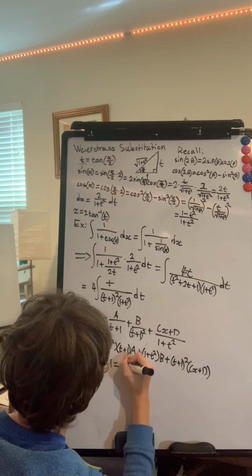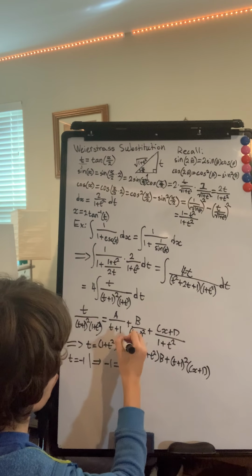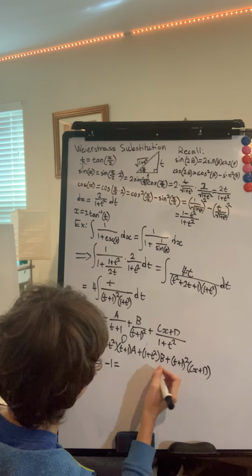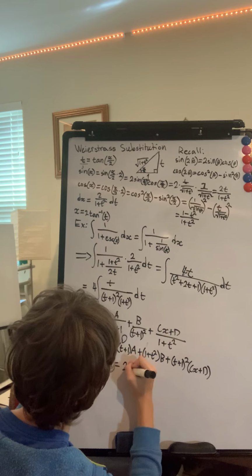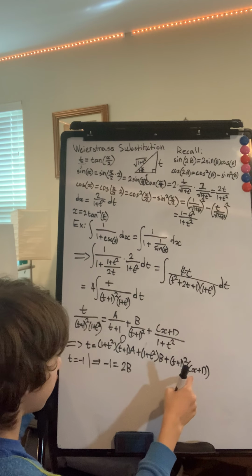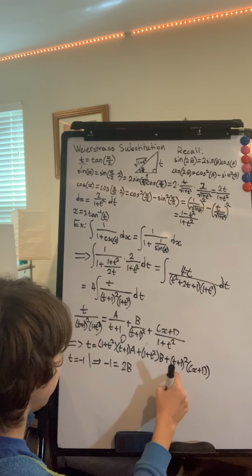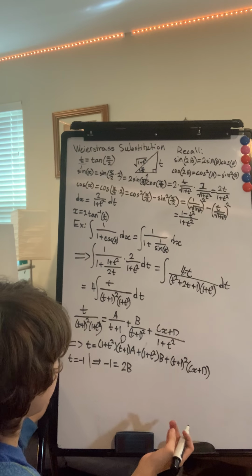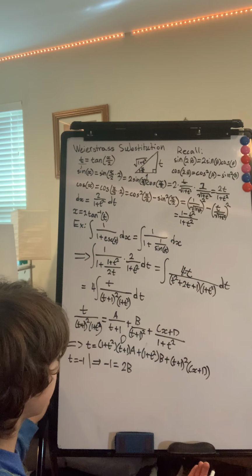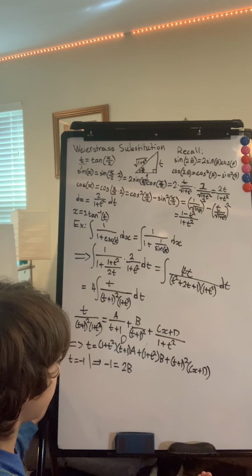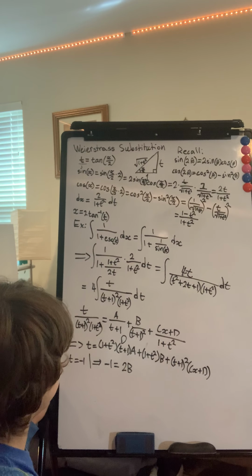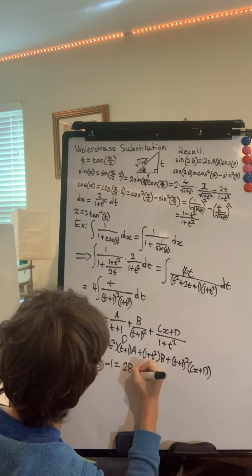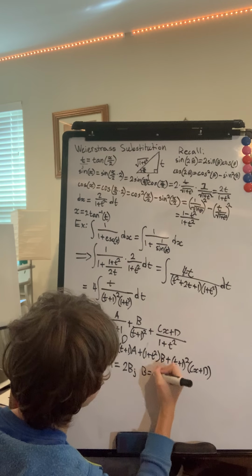This entire term goes to 0. This term doesn't go away, we just get 2b. And this will go to 0 as well, because we're letting t equal -1. It's important that we don't make a mistake here, of course. Yes, that goes to 0, which is good. So now we can solve for b. We get that b equals -1.